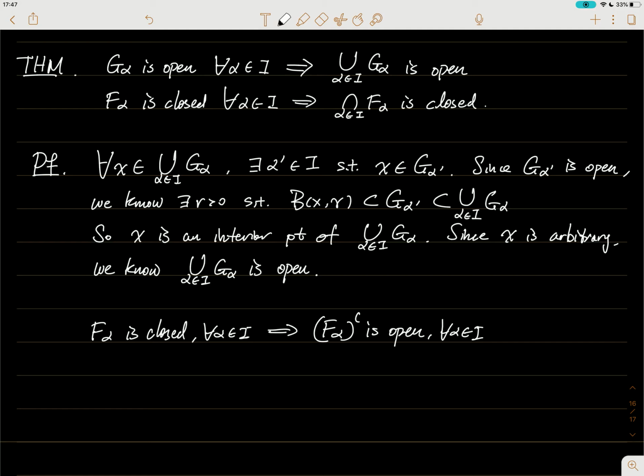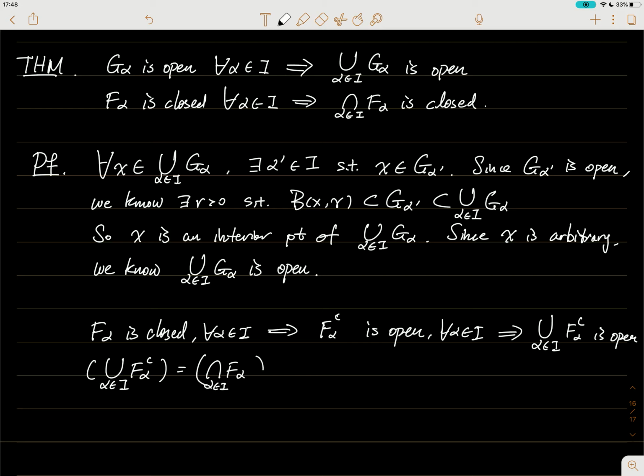According to our first claim, this means that the union of the F alpha complements is also open. Here is where we apply De Morgan's law: the complement of this union is the intersection of the F alpha together, complement.